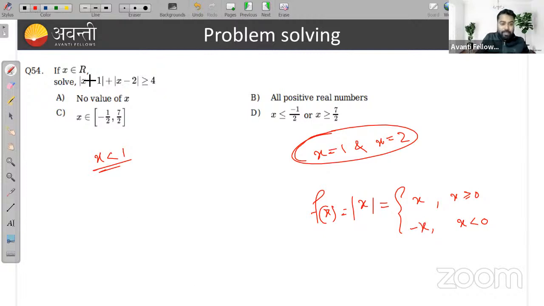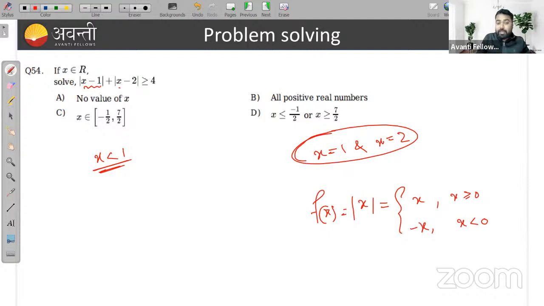So in place of x here we have x minus 1. When x is less than 1, the input x minus 1 is actually negative. So if it is negative, the modulus will open with a negative sign. Is that clear? Negative sign.